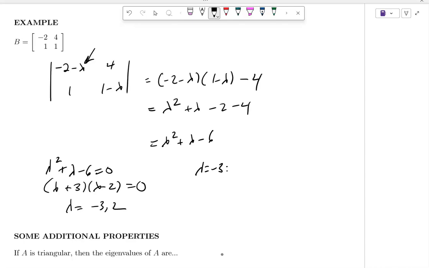Our two different eigenvalues in this case were -3 and +2. I want to subtract off -3, right? So I'm going to do matrix plus 3 times the identity, because it's minus a -3 in this case.